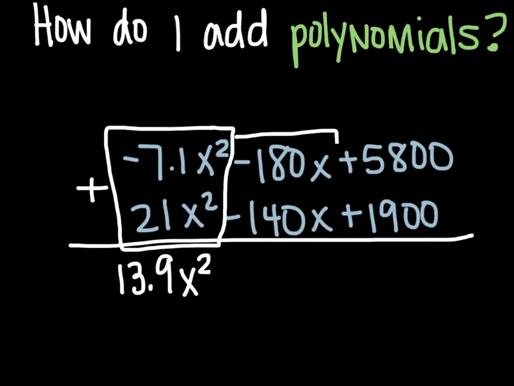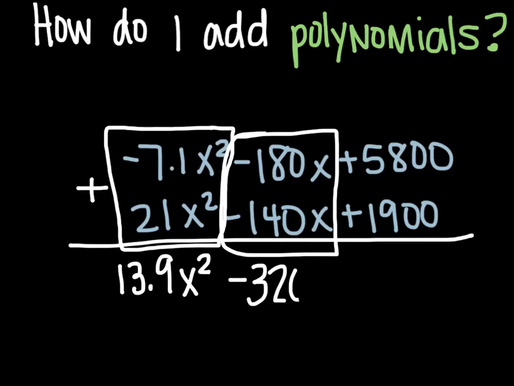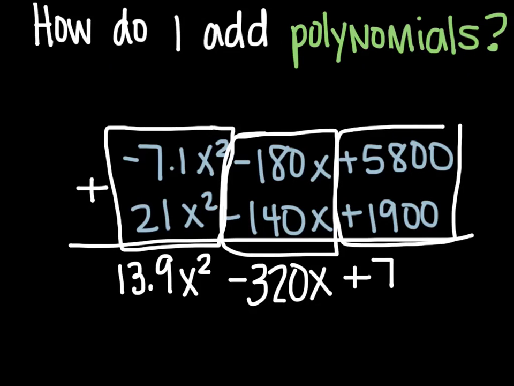And then I chunk these two. Negative 180x and negative 140x will give me negative 320x. And then I'm adding these two together, and that will give me 7,700, and that is my answer, because you can't simplify it down any more than that, so you're done.